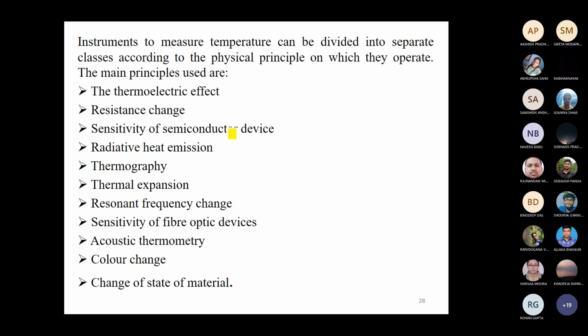Sometimes we also use an optoisolator, which is an example from electronics. The last one is the change of state of material, so what type of material you are using for this system. These are the key points we are going to discuss.